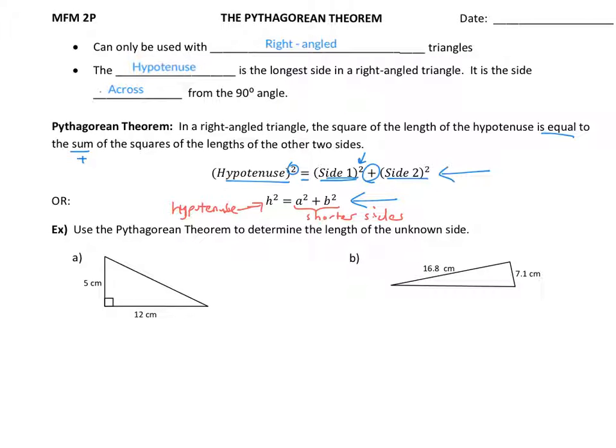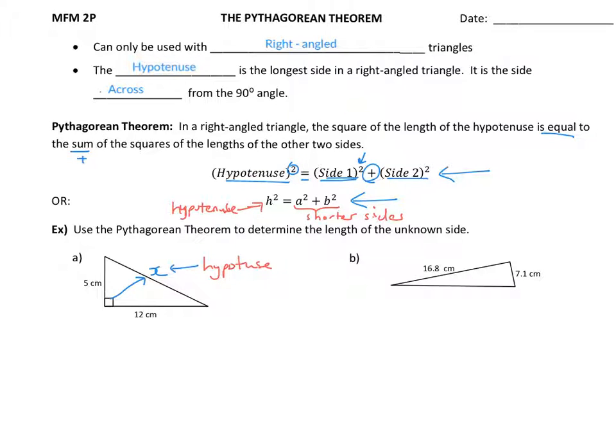All right, so use the Pythagorean theorem to determine the length of the unknown side. In this first example, part A, I don't know this side here, and that side is directly across from your 90-degree angle. So this side here is actually our hypotenuse.